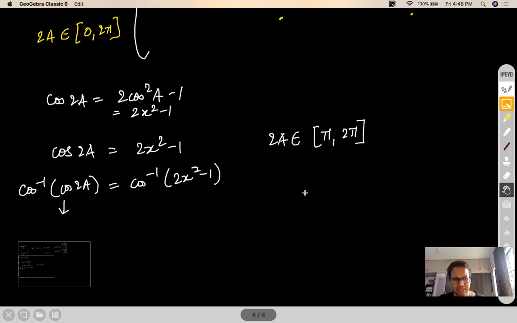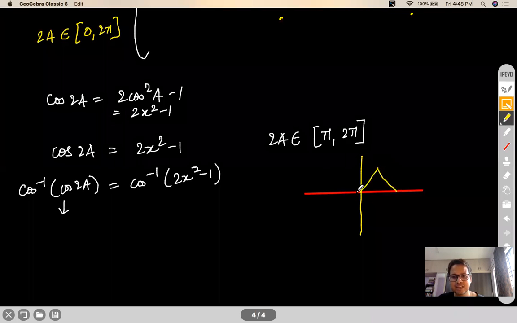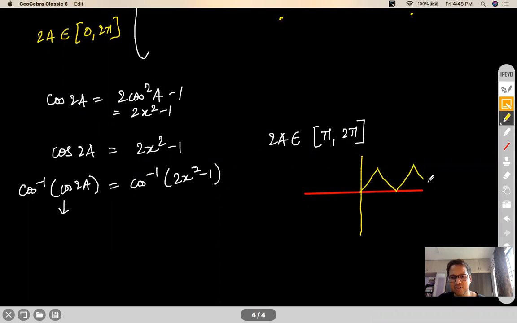You will say, sir, simple. I will call my graph of cos inverse cos theta versus theta, which is actually this. I will not draw many branches. So pi to 2 pi is this branch. All of you please pay attention. Pi to 2 pi is this branch. I hope you have now known this graph in and out.